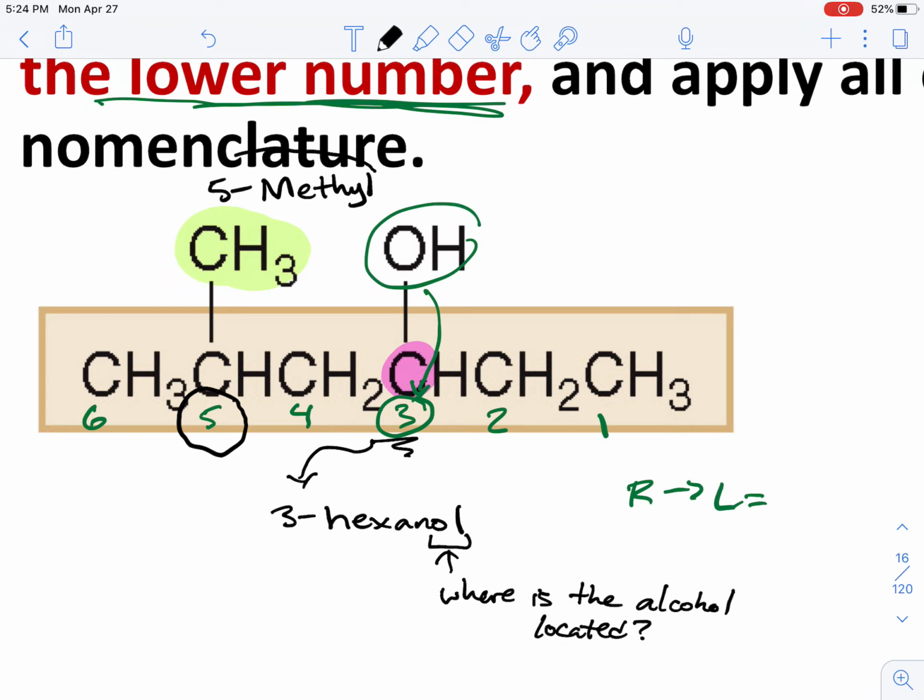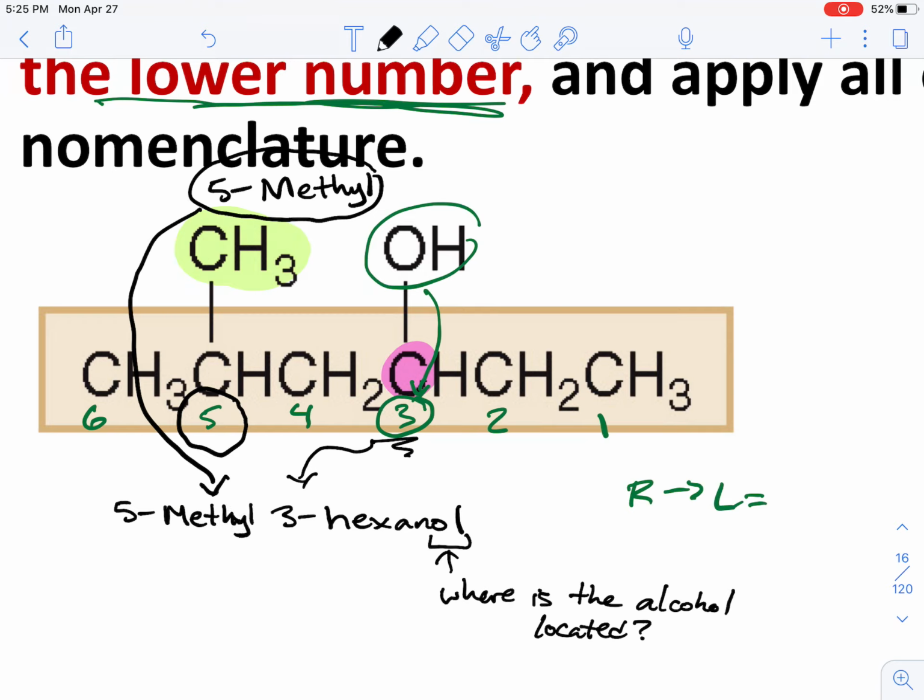And so since we only have 1 substituent, right? So the alcohol is not a substituent. The OH group is part of the parent name. We're simply going to take this 5-methyl and put it in front of the 3. So we have 5-methyl.